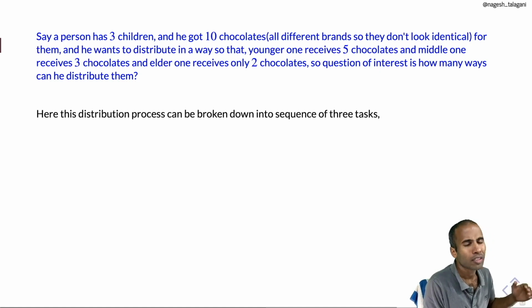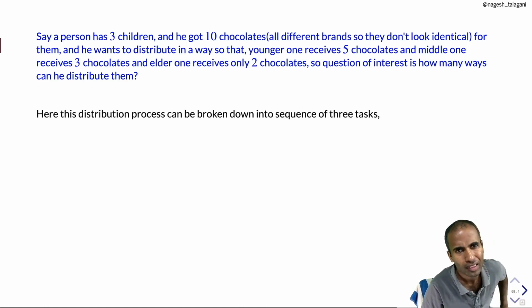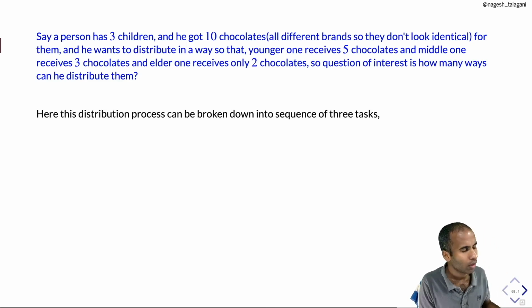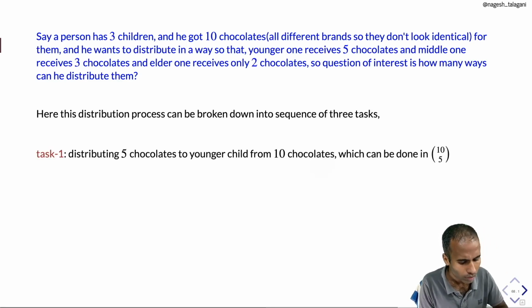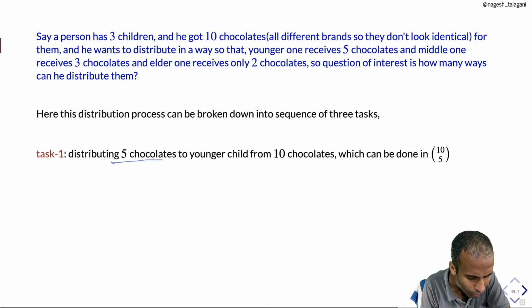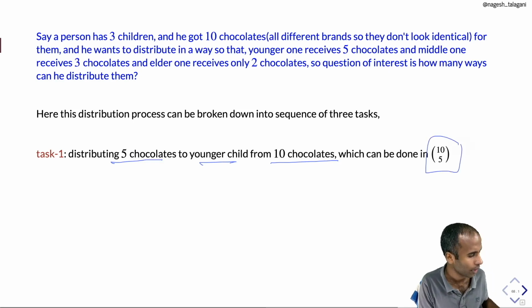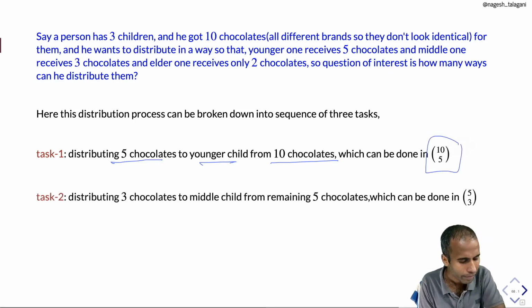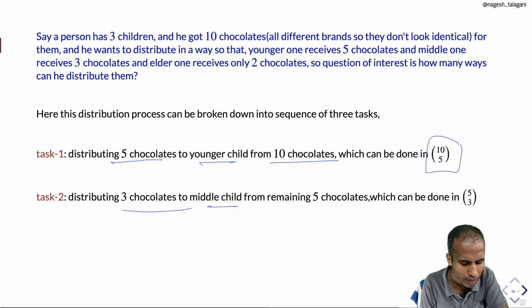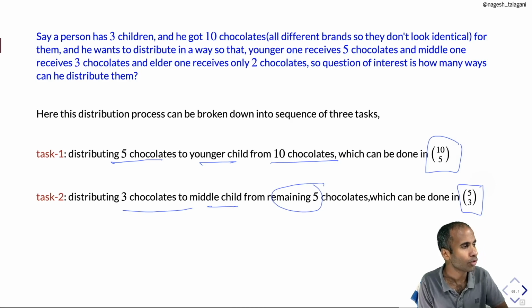Simple. This process of distributing these chocolates can be broken down into a sequence of 3 tasks. Task 1 is distributing 5 chocolates to the younger child from 10 chocolates, which can be done in 10 choose 5 ways. Task 2 is distributing 3 chocolates to the middle child from the remaining 5. This can be done in 5 choose 3 ways.